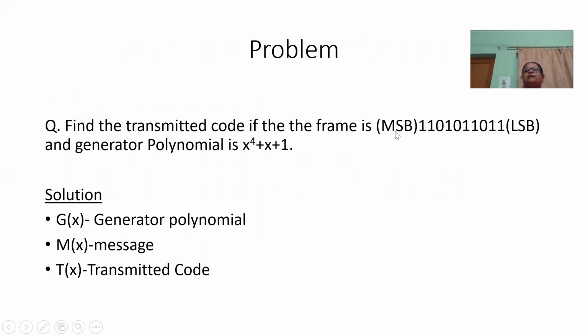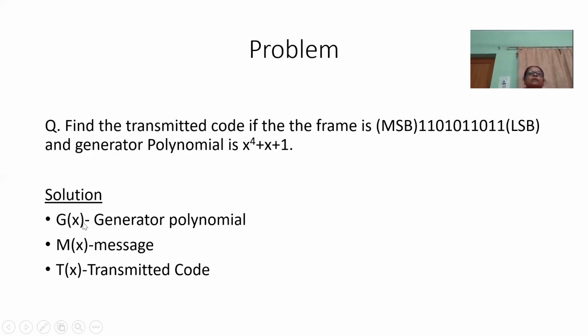It indicates data is read from left to right. The generator polynomial is x to the power 4 plus x plus 1. This is the frame, this is the message, and this is the generator. We have to generate the transmitted code.